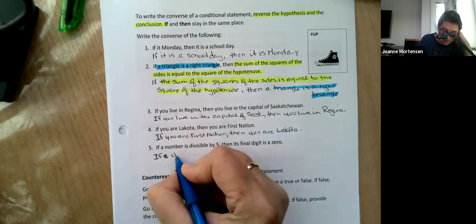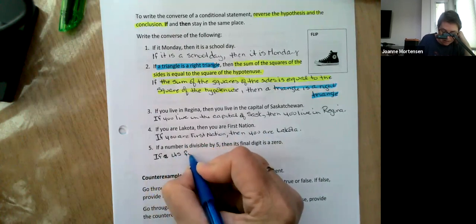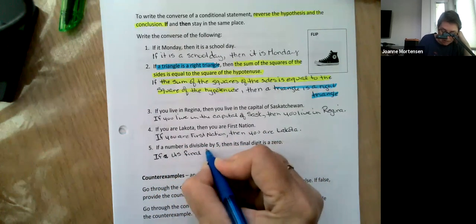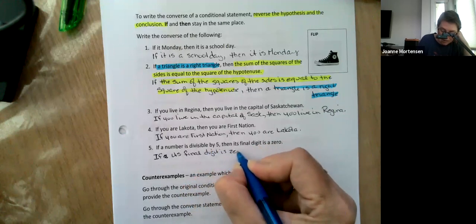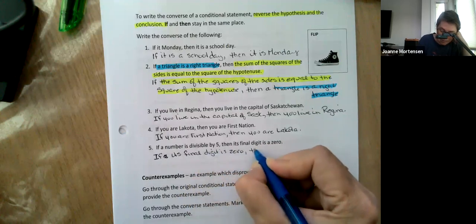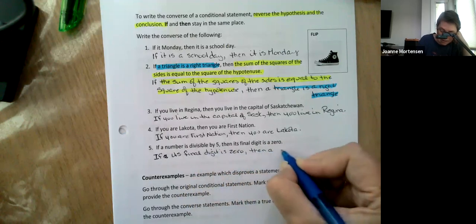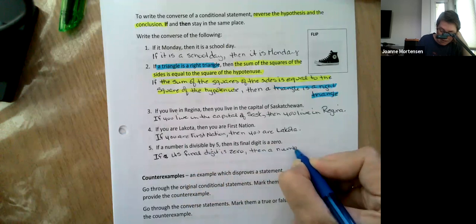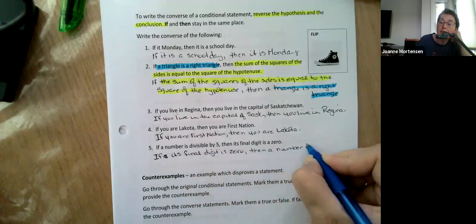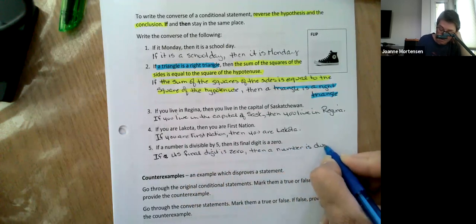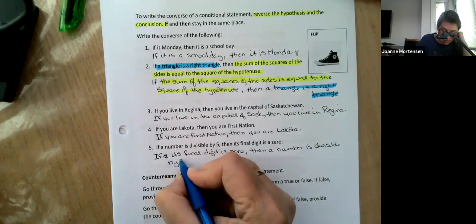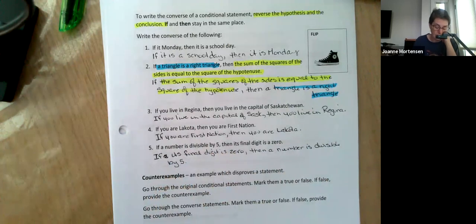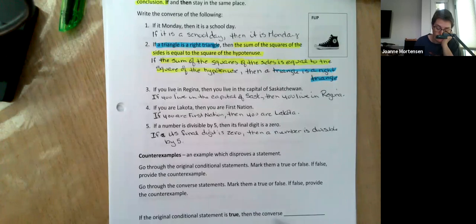If its final digit is 0, then the number is divisible by 5. Okay, so just flip. That's it. Flip. That's all you need to do.